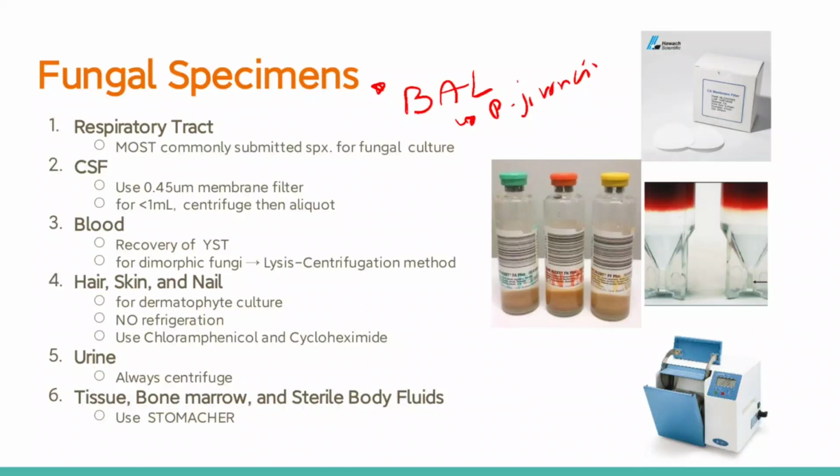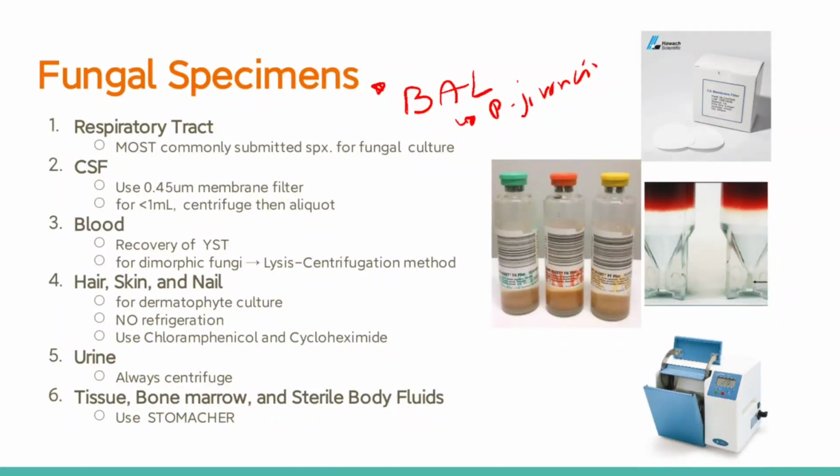Okay? Next, CSF. For CSF, you need to use a 0.45 micrometer membrane filter. So you need to filter the CSF first before you culture it. And for those with less than 1 ml of collected CSF, you need to centrifuge it first and then aliquot. Okay.